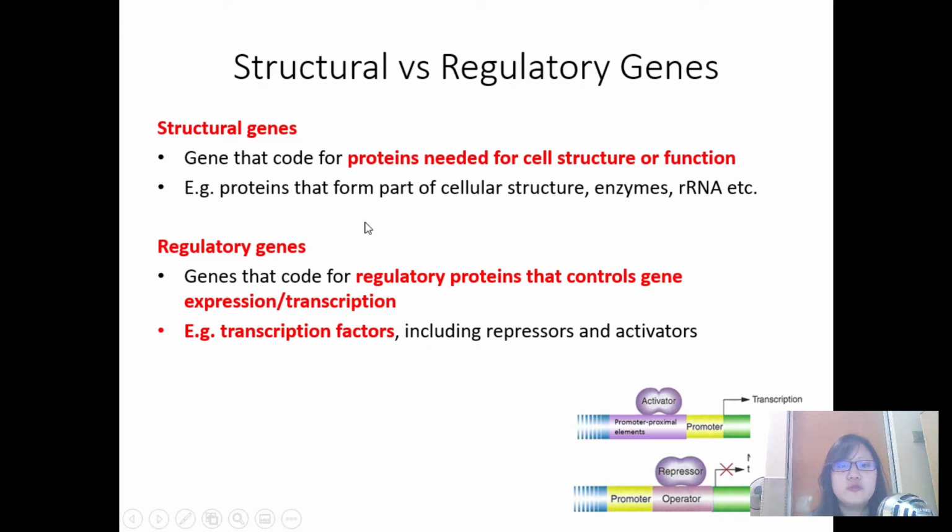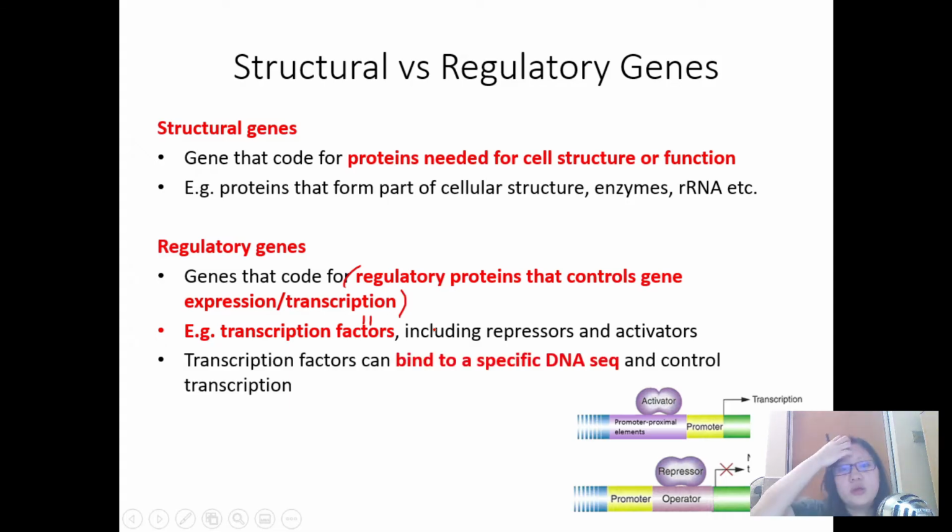These regulatory proteins that control gene expression or transcription are called transcription factors. Transcription factors bind to a specific DNA sequence and are able to control the transcription of that particular gene.